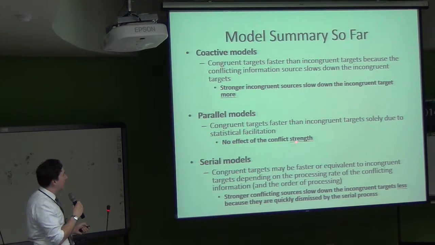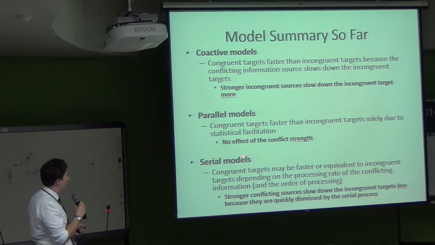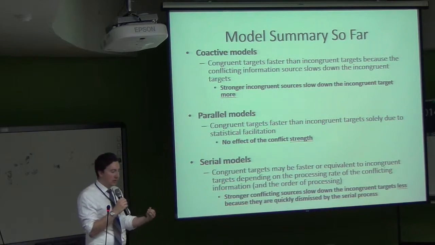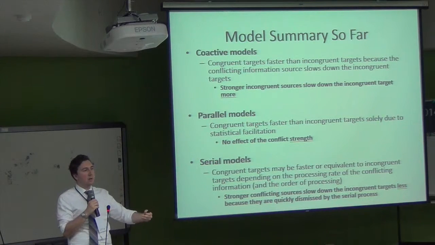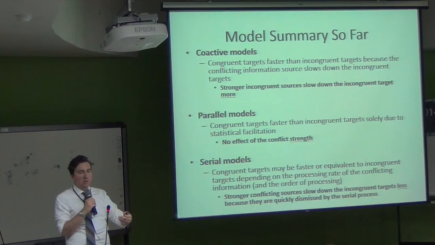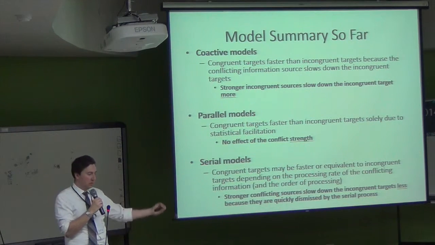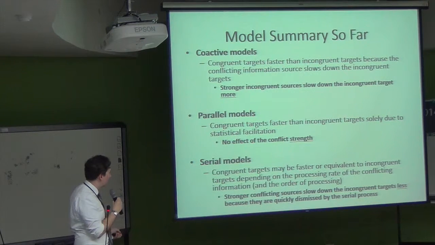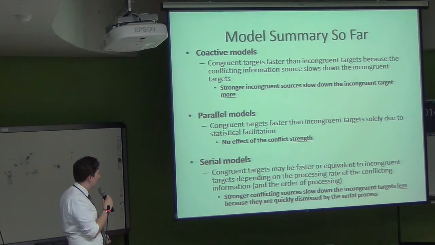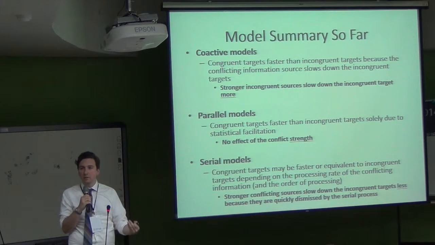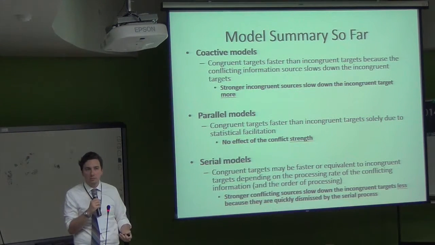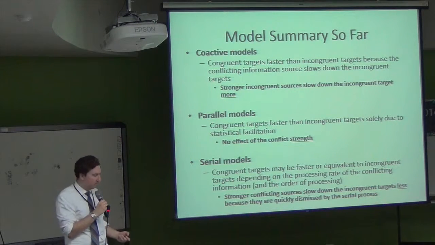Parallel models don't predict any effective conflict strength. But for serial models, the prediction goes in the opposite direction. And the reason for this is because you're processing these things one at a time. If you have very strong evidence for the incorrect response, you can quickly reject it and move on to processing the correct source of information. If you have weak evidence for the incorrect response, it takes you a lot longer to process it and move on.